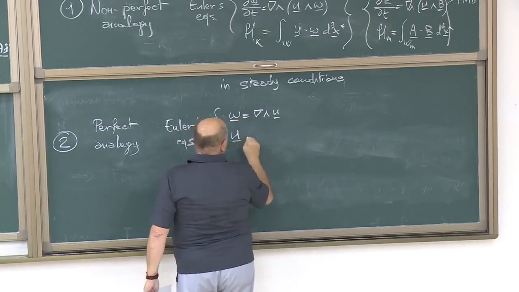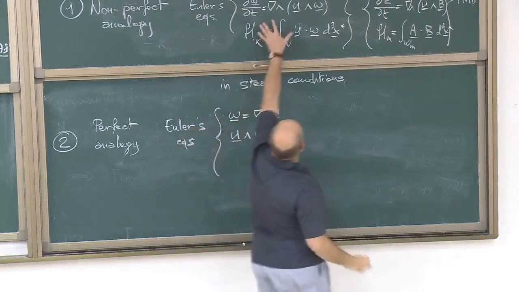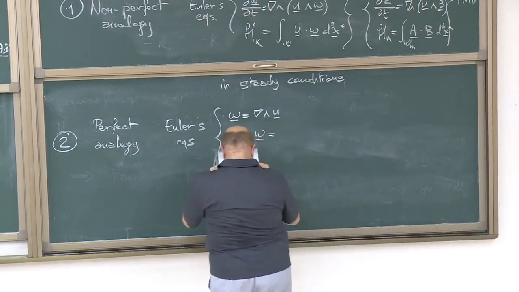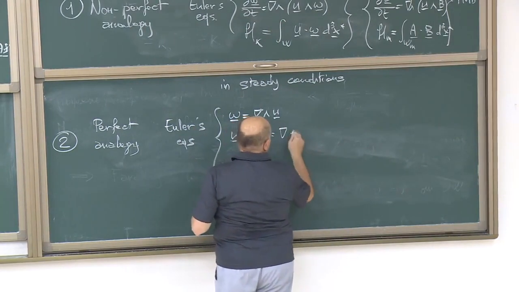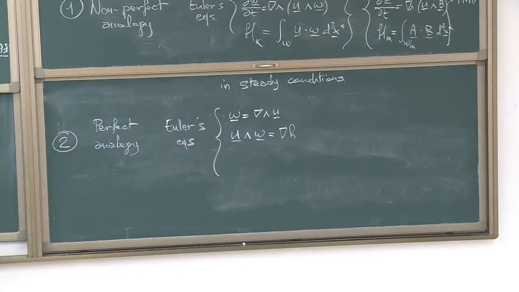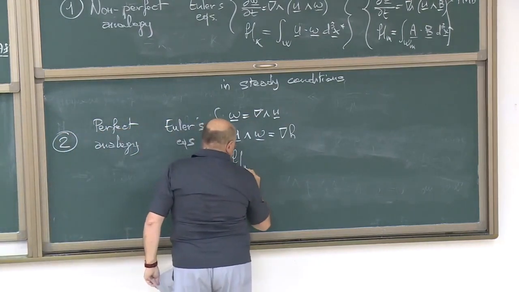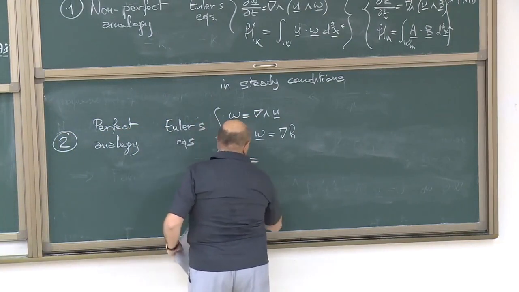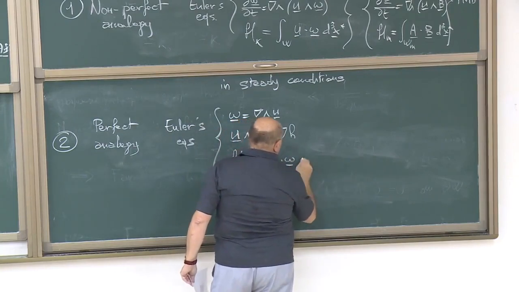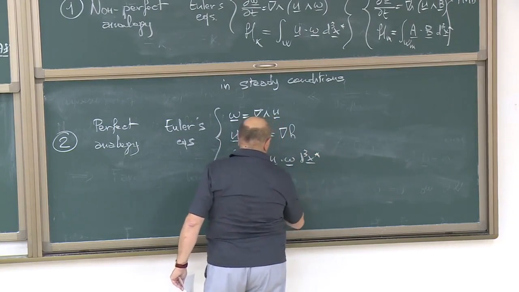These become u cross omega. Since the time derivative is 0, we have u cross omega equal to a function, a gradient, and we can call it h, which is related to pressure. And then we have, as usual, the kinetic helicity, which is just the integral of u dot omega over the vorticity domain.